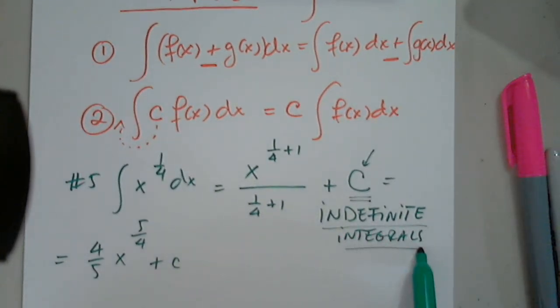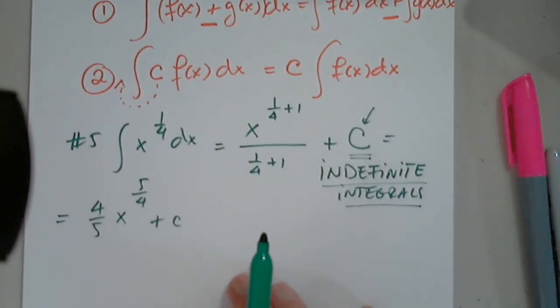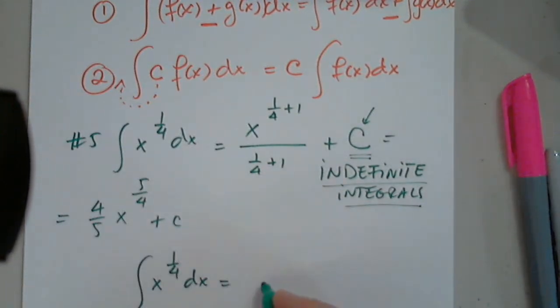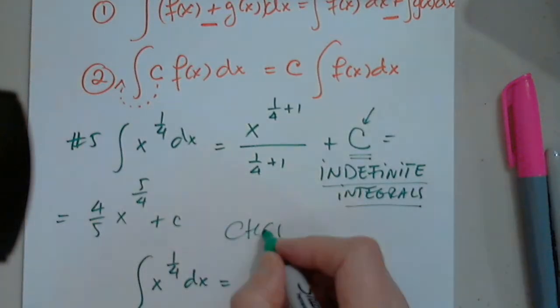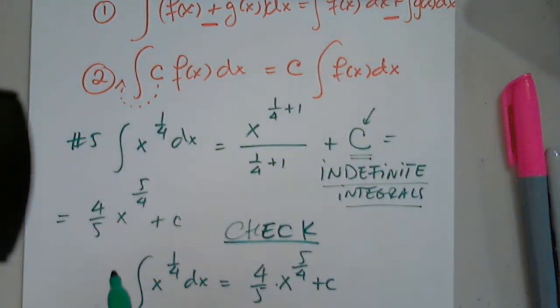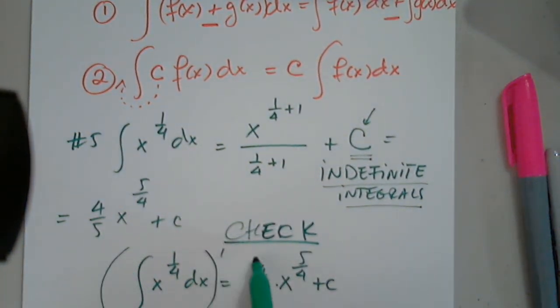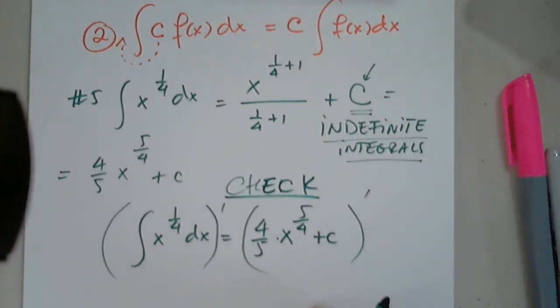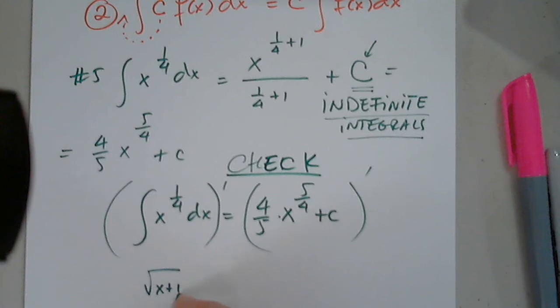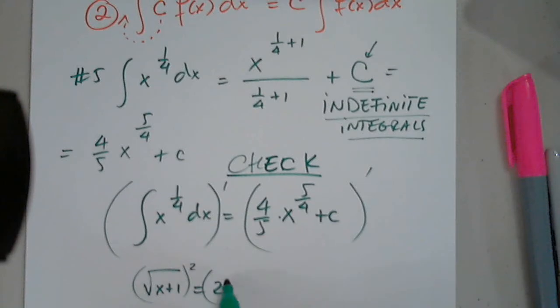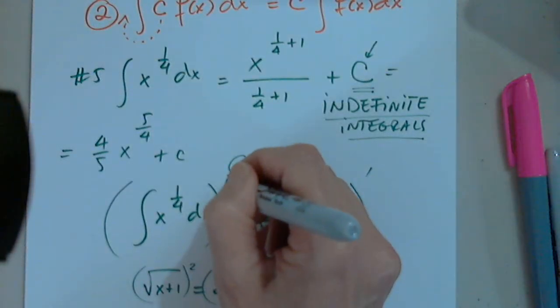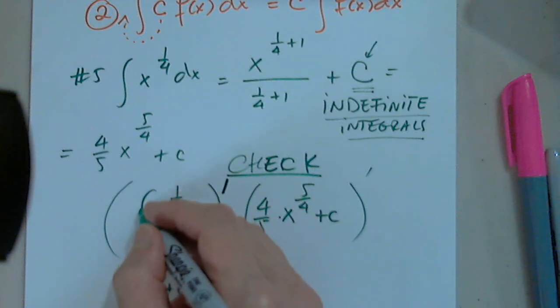The indefinite integral can be checked. Here's how. So I claim that the integral of x to the 1/4 dx is the same as 4/5 times x to the 5/4 plus a constant c. I want to check by differentiation. So remember, when we solve a radical equation, we want to undo this. That's why we square both sides. The same thing here. The differentiation will undo the integration.